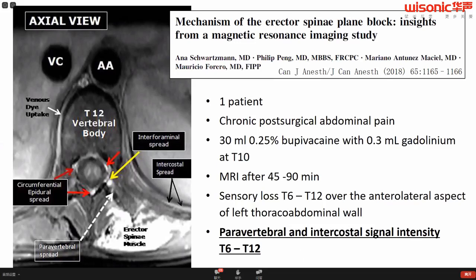They found sensory loss between T6 and T12 over the anterolateral aspect of the left thoracoabdominal wall, and in the MRI the authors found contrast dye in the paravertebral space, in the intercostal space, and circumferential around the epidural. So there was a clear paravertebral and intercostal signal intensity showing that contrast dye or local anesthetic was in this space.